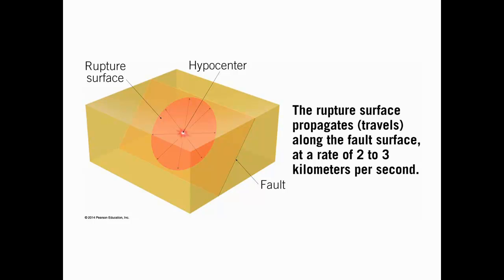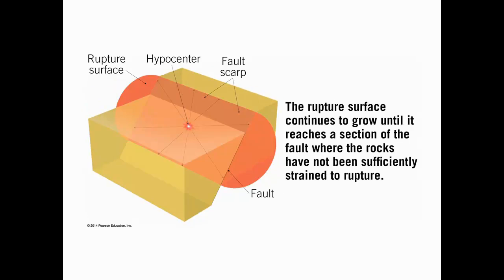But then the rupture surface will begin to propagate along the actual fault surface at a rate of about 2 to 3 kilometers per second. The rupture surface continues to grow until it finally reaches a section of the fault where the rocks have not been sufficiently strained. At that point, the overall slippage fizzles out and stops.